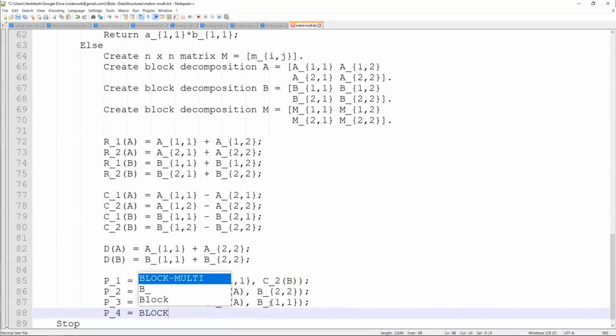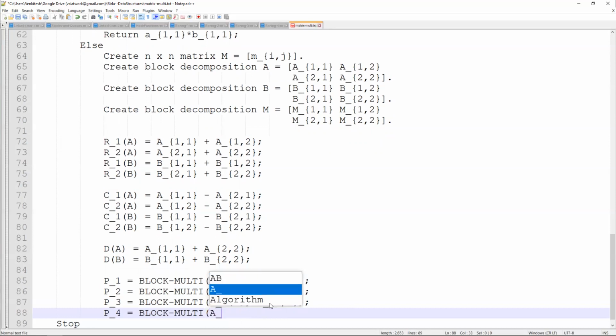P4 is block multi of A22 and C1B minus of block multi. There is a sign change in P4.